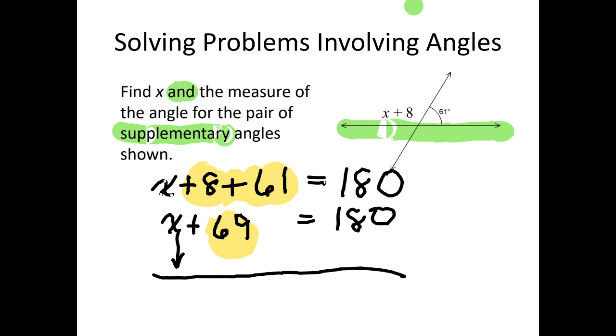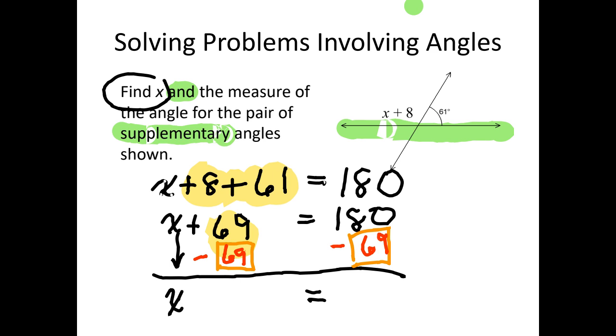This x, which is what I want to find, means that I am going to have to take 69 and subtract 69 from both sides. This is going to cancel out. This will give me 111. Now that's my value for x.